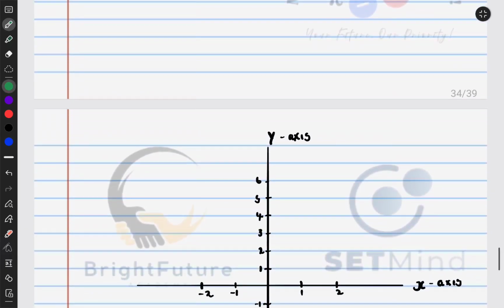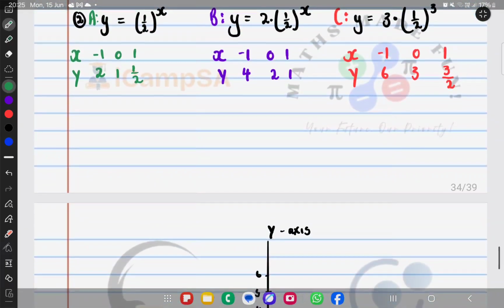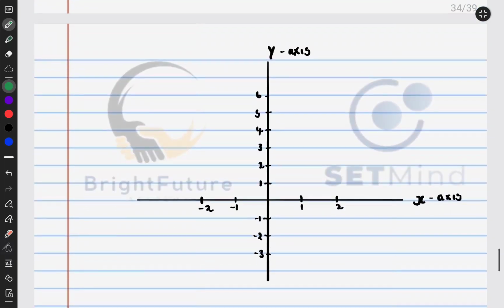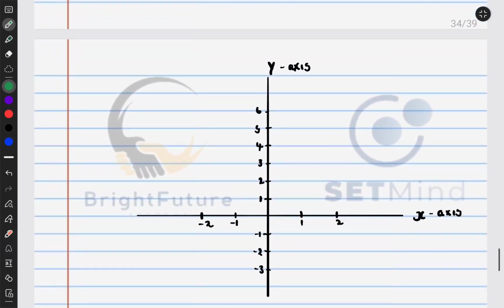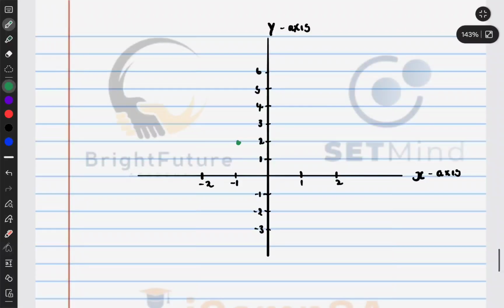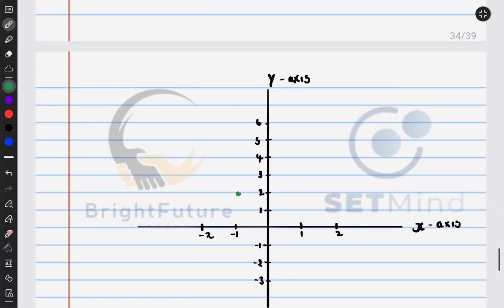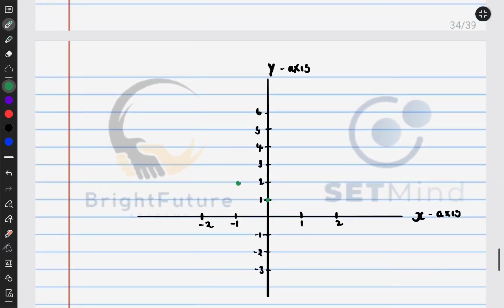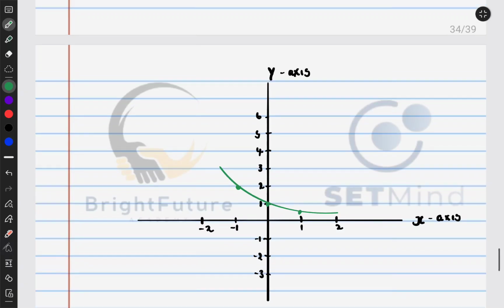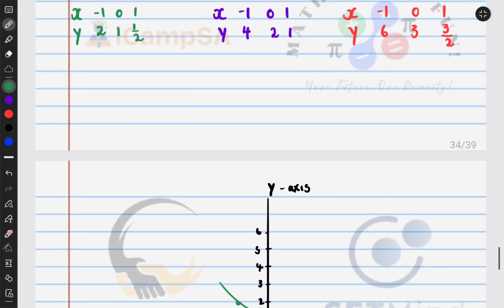Okay, let's start with the first function of y is equal to 1/2 to the power of x, where x is -1, y is 2, and then we have 0 and 1, and then we have 1 and 1/2. So that is your first function. And then let's sketch the second one.